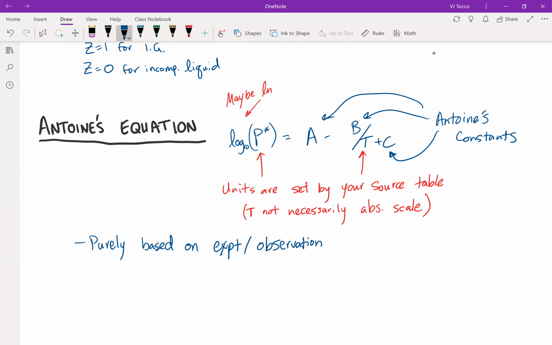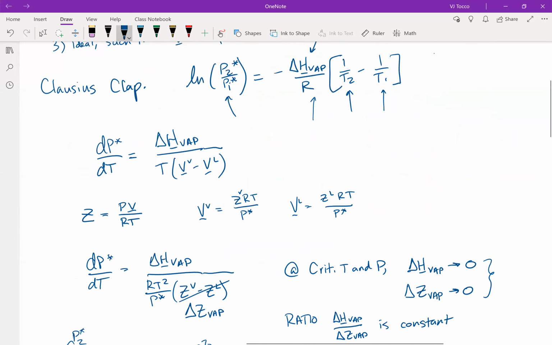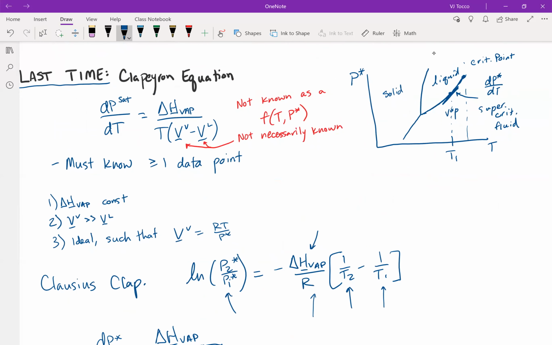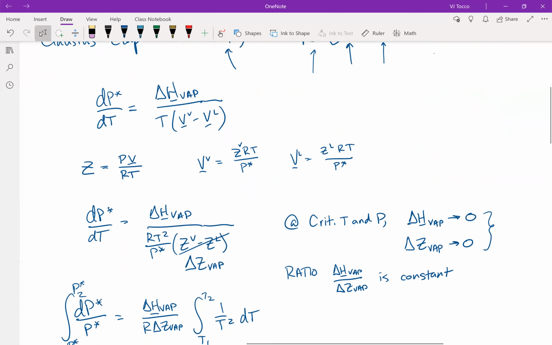It just seems to come from nowhere. But the idea is that it is an empirical curve fitting operation. So there are three parameters that are fit to whatever this line is. This vapor-liquid equilibrium line is set by those three parameters.